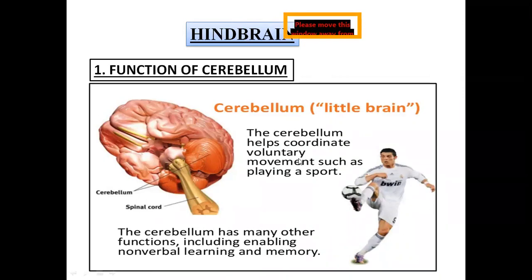It helps in coordinating voluntary activities such as playing a sport, maintaining body balance and maintaining posture. The diagram in the slide shows how you throw the ball towards the right side or the left side. All these movements are entirely coordinated by the cerebellum.